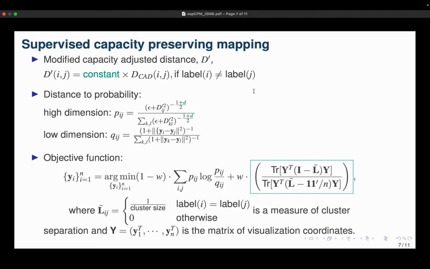Next, we change both the high and low dimensional distances into two t distributions to preserve more geometry, and we optimize this objective function, which has two parts. The first is the KL divergence, and the second is a cluster separation measure. So by optimizing this objective function, we could get our final embedding Y, which has a larger separation between clusters.